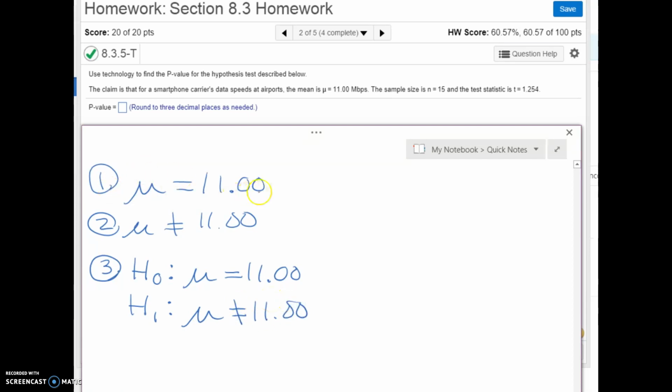And then I want to put a star by my original, so in this case my null is the original. I also want to determine what tailed it is, because that's going to determine what you do with the p-value. Because this is not equal to, I know that I'm two-tailed.